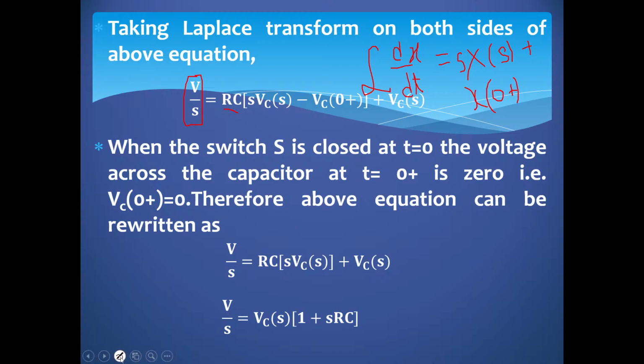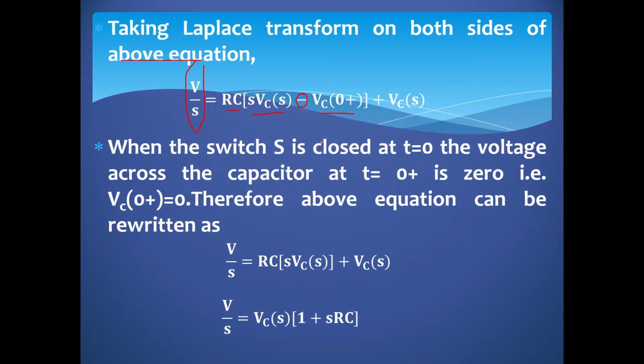That's what I might have written here. Let us see. Laplace of v of t is V by s, with the RC constant. Laplace of d by dt of Vc of t is s into Vc of s plus Vc of 0 plus. Here I have written minus because the capacitor is initially charged.